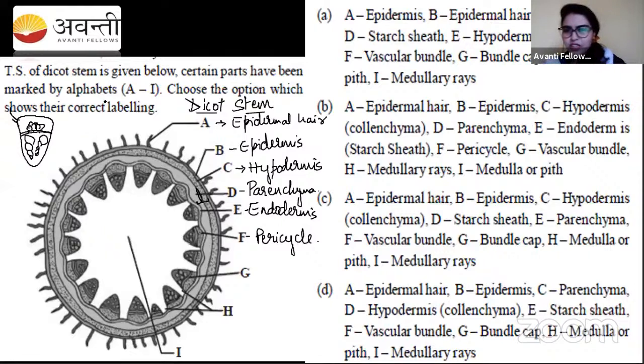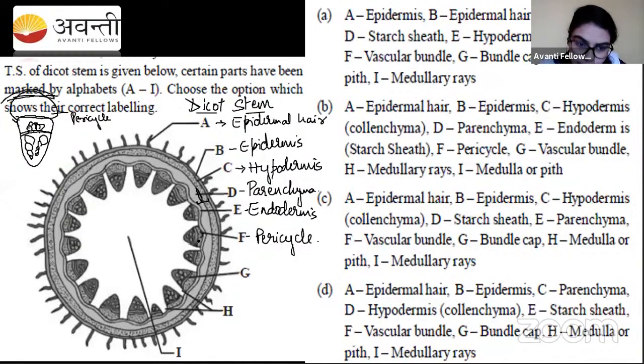See, there are changes. I have explained this to you specifically yesterday. This patch part is called the bundle cap. Over this bundle cap, the layer of cells is actually called the pericycle. The pericycle will usually be 1 layer, 2 layers, or 3 layers, depending on the species. But here F refers to what?